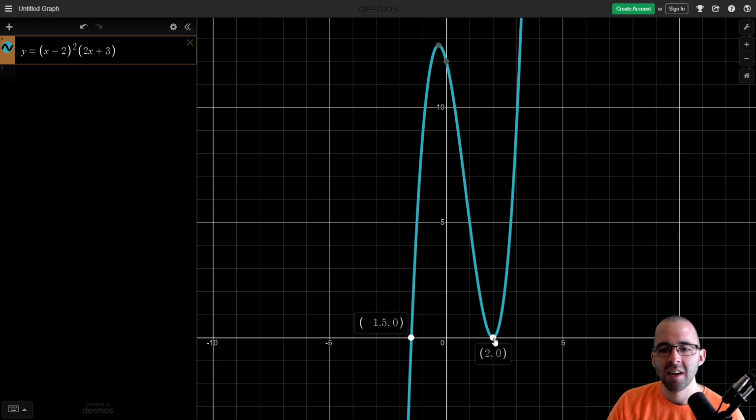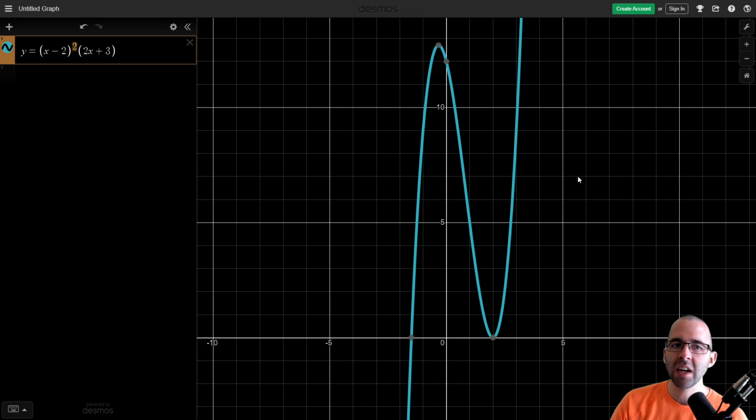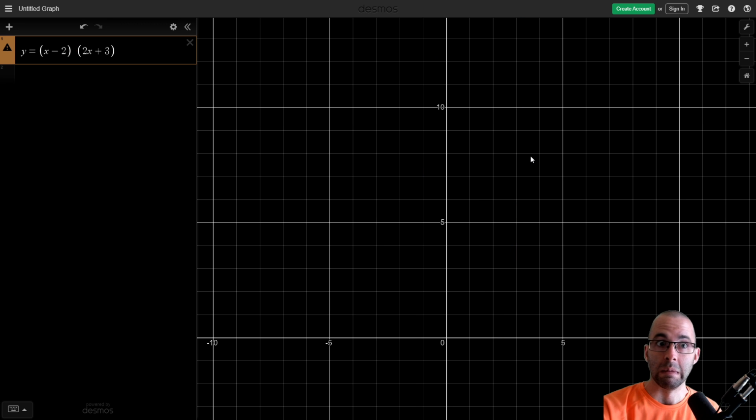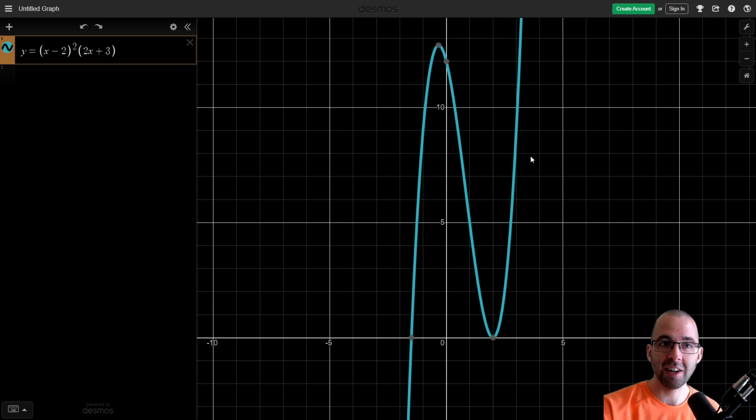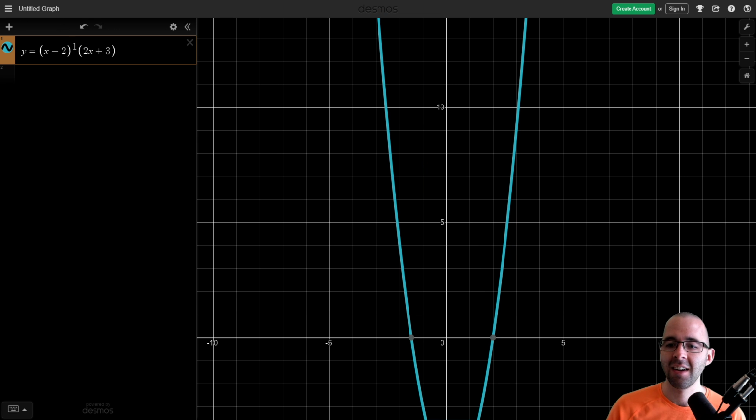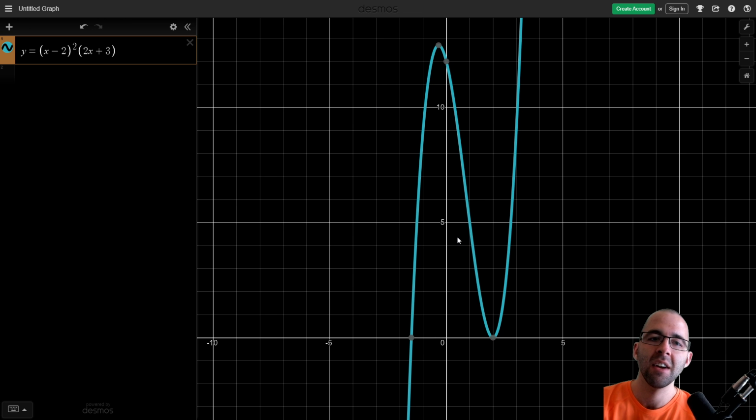Okay? So we can look. Is this a coincidence? Let's check. What if we get rid of this 2 here? Let's not get rid of it. Let's turn it into a 1. Now it doesn't bounce off anymore. Notice now it crosses both of them. Let's go the other way.